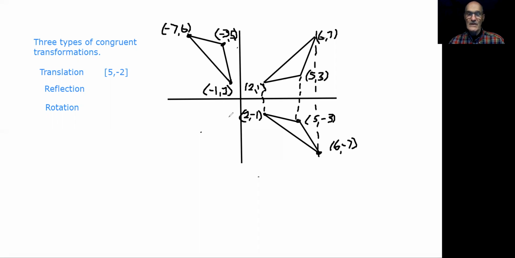So you would have -2, -1, you would have -5, -3, and you would have -6, -7. But as I said, most of the problems that you'll be doing in your homework today are about seeing what type of transformation you have.